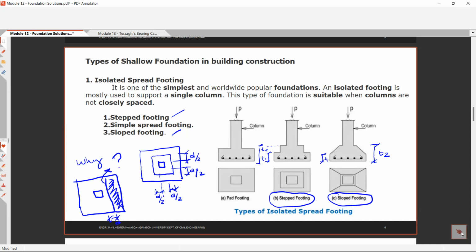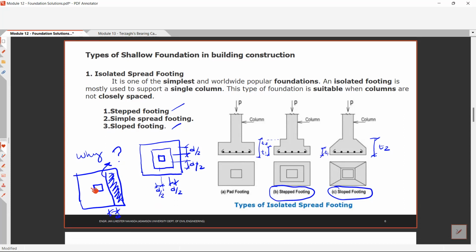Meaning, in order for the designer to pass the foundation, the dimension of the simple or isolated footing, ang ginagawa nila is pinapalaki nila yung depth ng footing near the column kasi doon yung mas critical. So that is why they introduce this step footing and slope footing. So yan yung parang industry technique.